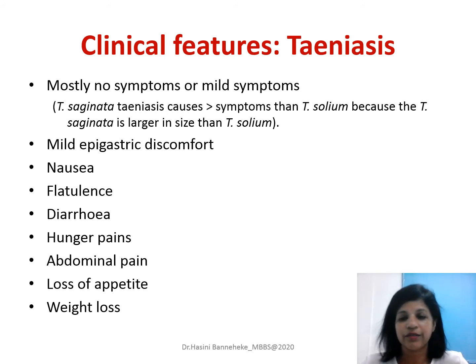Moving on to the clinical features of taeniasis, the majority of these patients are of course asymptomatic, or they may have very mild symptoms. So basically they mostly don't show any symptoms at all. If they do show symptoms, saginata infections can cause more symptoms than solium, probably because it's larger in size, so it can have more impact on the small intestinal tract.